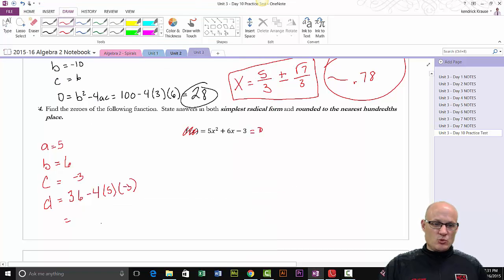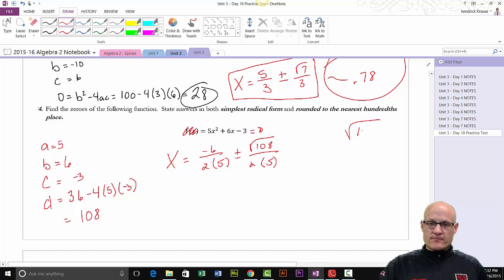108. Ooh, that's a cool number. I like that number. You'll see why in a minute. So x equals negative b, negative 6, over 2 times 5, plus or minus the square root of 108 over 2 times 5. You know you're going to have to simplify the square root of 108.